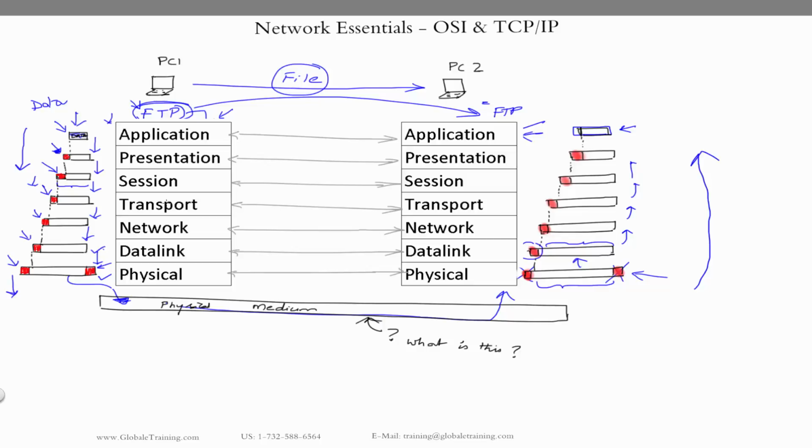But when that is taken by, say for example Toyota or Honda, they take the specs of the car and they build, but both build in a different shape, right? Their own model, but they have the same reference as a car. In this case, OSI is a reference model, but it is not a protocol.